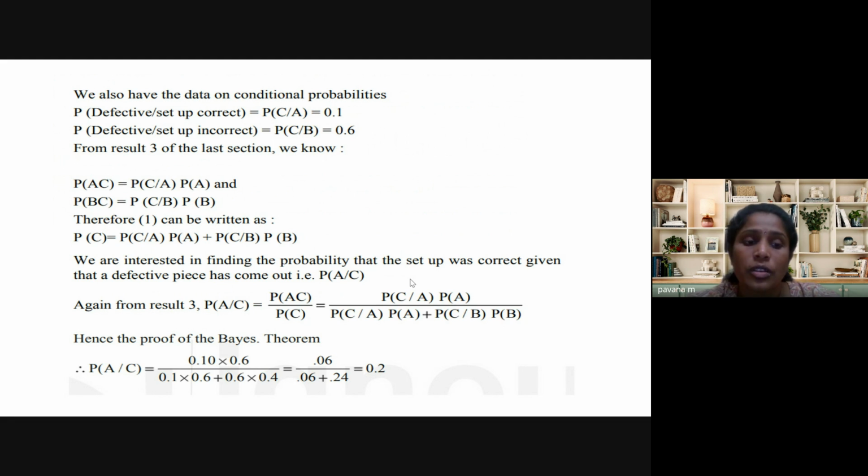So P of C is equal to P of C by A into P of A plus P of C by B into P of B.